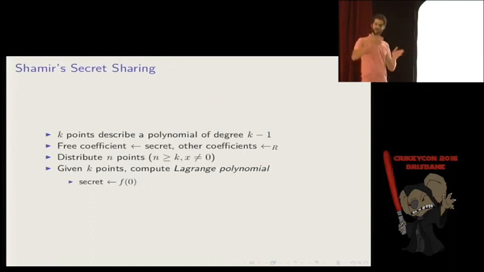Then you distribute n points on this function, as long as the x that you distribute does not equal 0, because that is actually the secret, the value of the function at 0. So you can distribute n shares where n is greater than or equal to k. And then all you need is k of those secret shares to come back in order to compute the original secret, and the way that's done is with Lagrange polynomials.